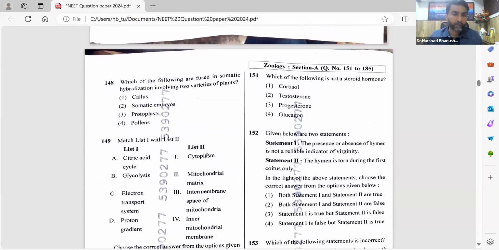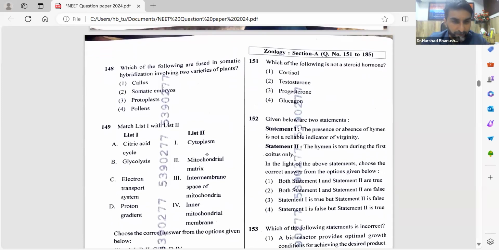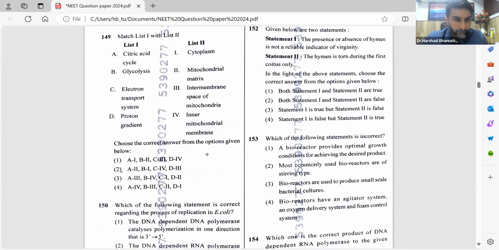We go to the next question. Which of the following are fused in somatic hybridization involving two varieties of plants? Fusion occurs of protoplasts, which is option 3. Next, citric acid. They have told you to match citric acid cycle occurs in the matrix. So A would be 2. Glycolysis occurs in the cytoplasm. So B would be 1.